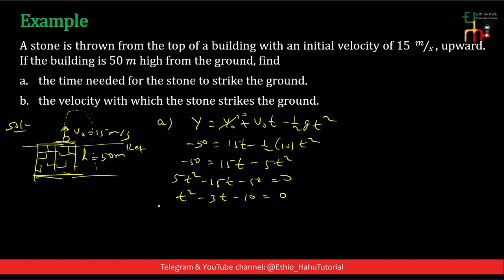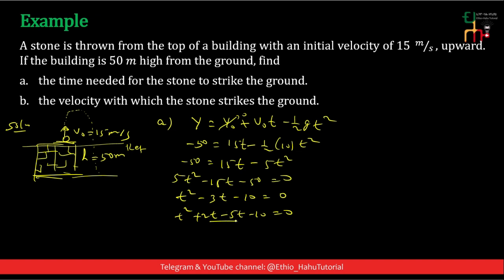Therefore, let's find t. We can find t using different methods. t square plus 2t minus 5t minus 10 is equal to 0. By factorizing this, minus 3t is 2t minus 5t.